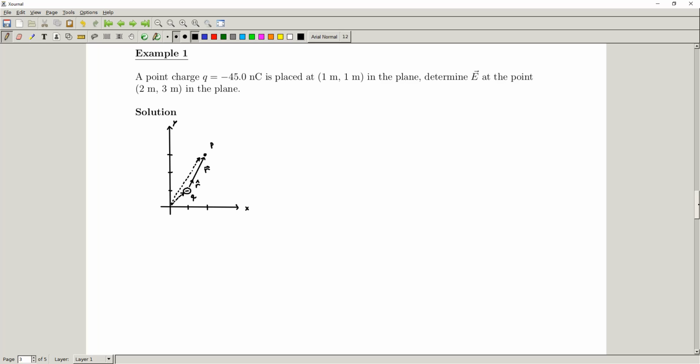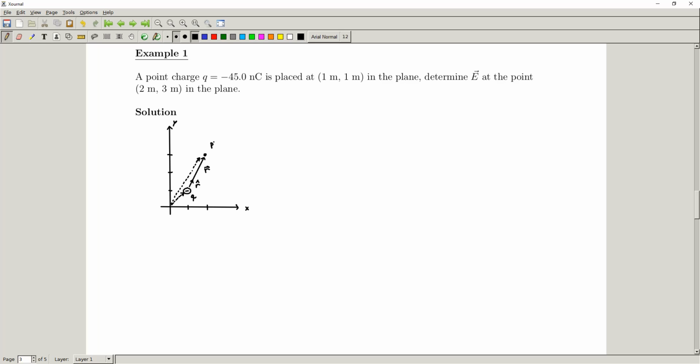Okay, so we have a point charge, Q equals minus 45 nanocoulombs, placed at a position 1 meter, 1 meter in the plane here. This is our XY plane, and we can imagine we're plopping point charges down on it. We want to find the electric field at a point, which I'll call P on the diagram, at 2 meters, 3 meters in the plane.